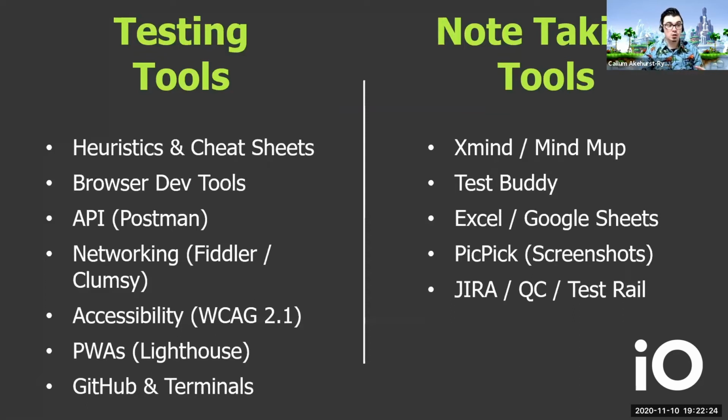If I were looking at progressive web apps and had an exploratory testing charter like, explore the loading of the home page with the Lighthouse tool to discover information about the time to read under different network conditions, I can use that tool to give me information and data while I'm exploring it.